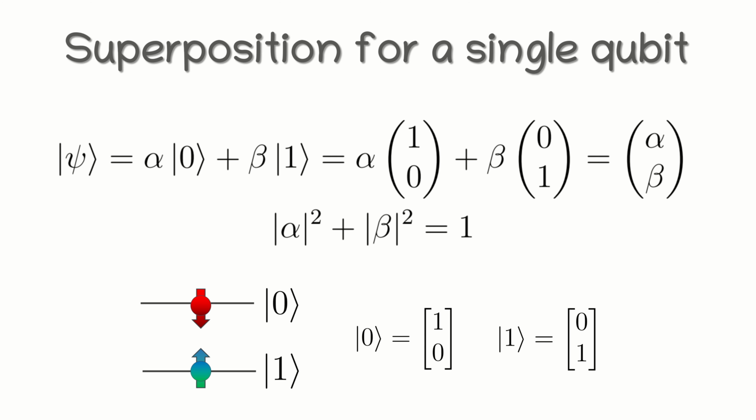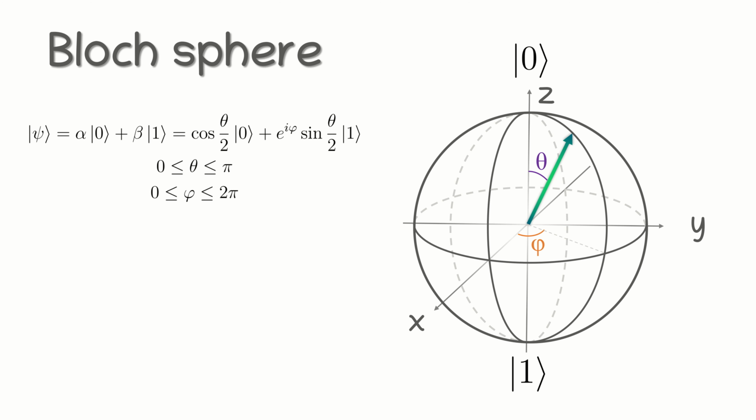This state, in other words, when a qubit is in a superposition, can be visualized using the so-called Bloch sphere representation. A Bloch sphere is a representation used in quantum mechanics to visualize the state of a two-level system such as a qubit. In the Bloch sphere model, a pure quantum state is represented by a point on the surface of a unit sphere using two coordinates, theta and phi.